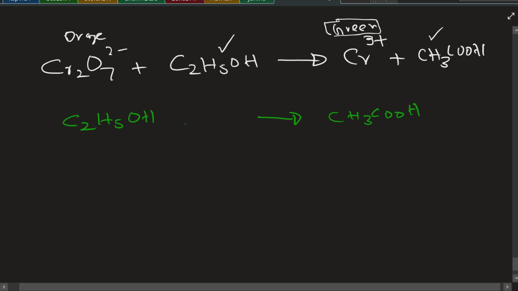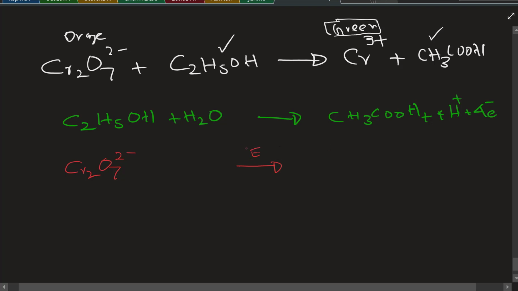Okay, so ethanol becomes acetic acid. So for balancing, I'm going to add water into the left, and then you need to add 4 H+ to the right to balance the H+ of whole left to the whole right, right? So check the total though, not one species now, right? Now, so we can rewrite the Cr2O7 goes to Cr3+.